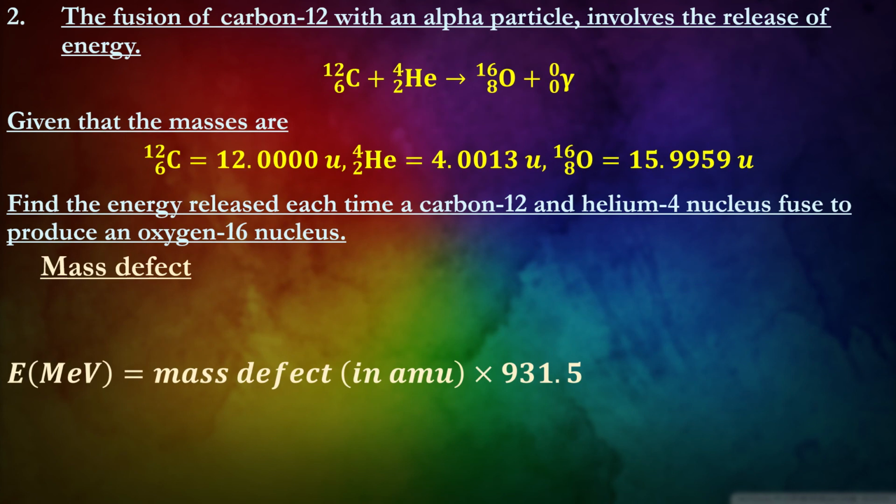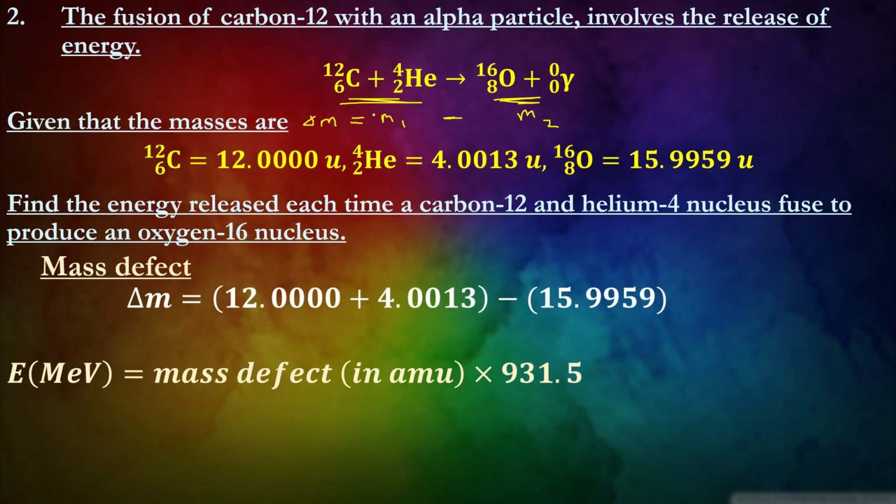Okay, so firstly we need to work out the total mass defect. Now we want to work out the mass of this side and then subtract it by the mass of this side here. That'll be the mass defect we're looking for. And so I find that to be 0.0054 atomic mass units.